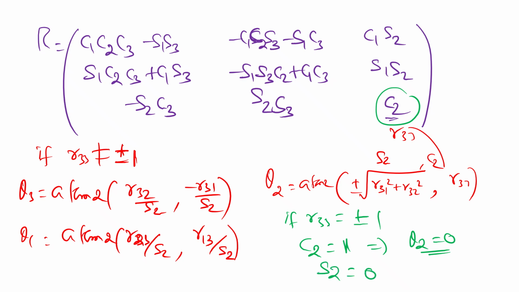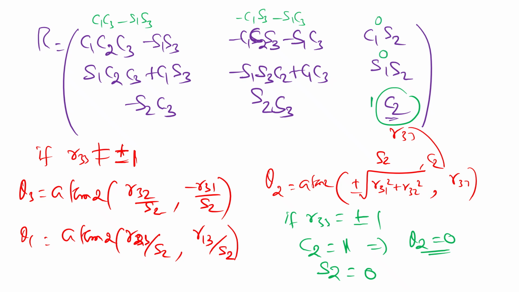Let's substitute it. When you put cos 2 equal to 1, it will be C1 C3 minus S1 S3. Then here it is minus C1 S3 minus S1 C3. And if you substitute S2 equal to 0, it will be 0.